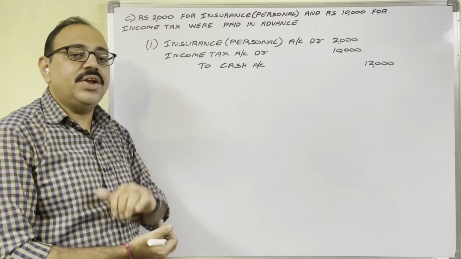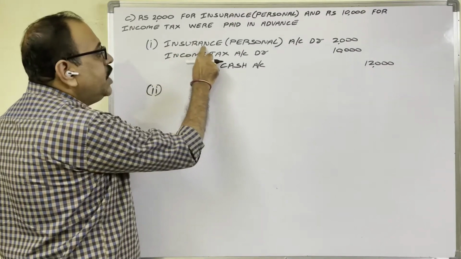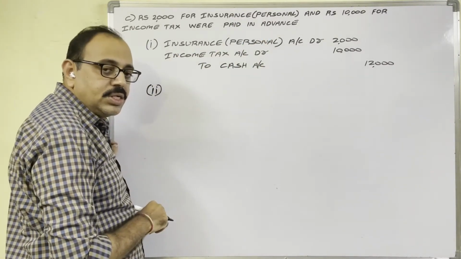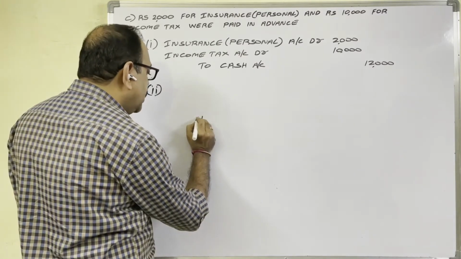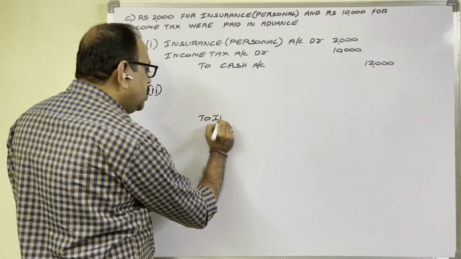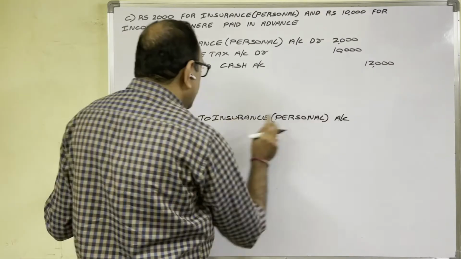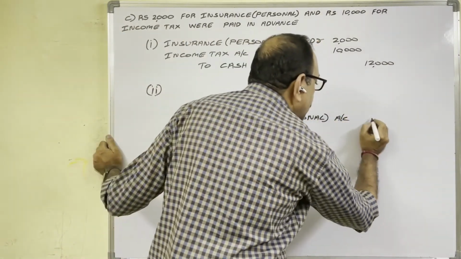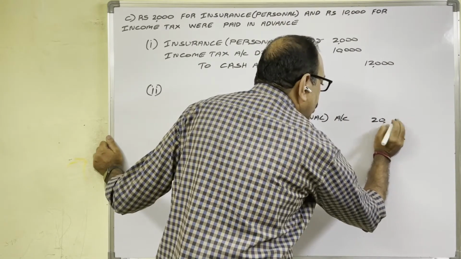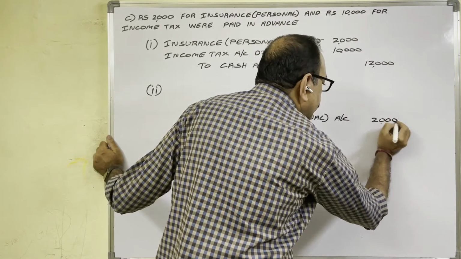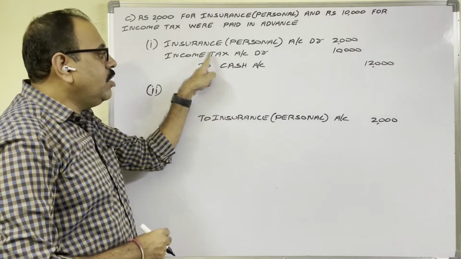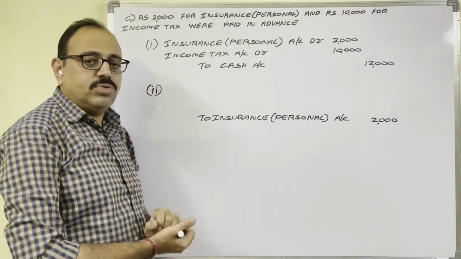For that second entry we should write. How we created insurance account? By debiting. If you want to cancel this account, you should credit that to insurance account. We created this account with 2,000 now. So we should cancel with the same amount, 2,000 rupees. Similarly, we created income tax account by debiting that account with 10,000.